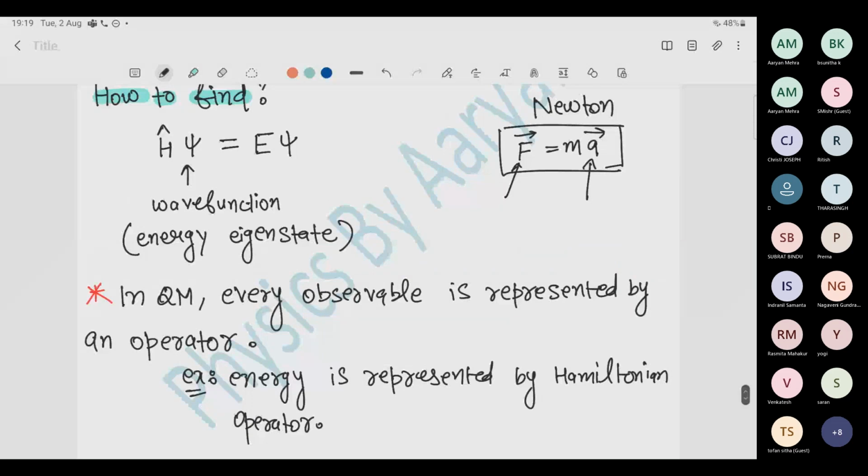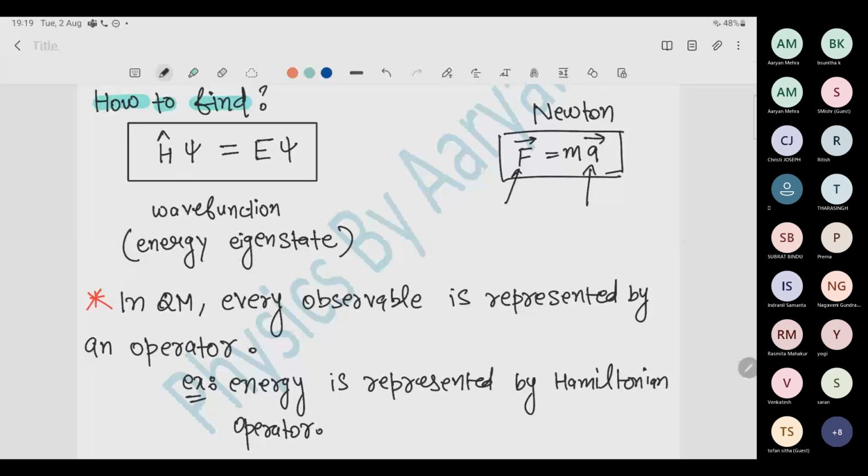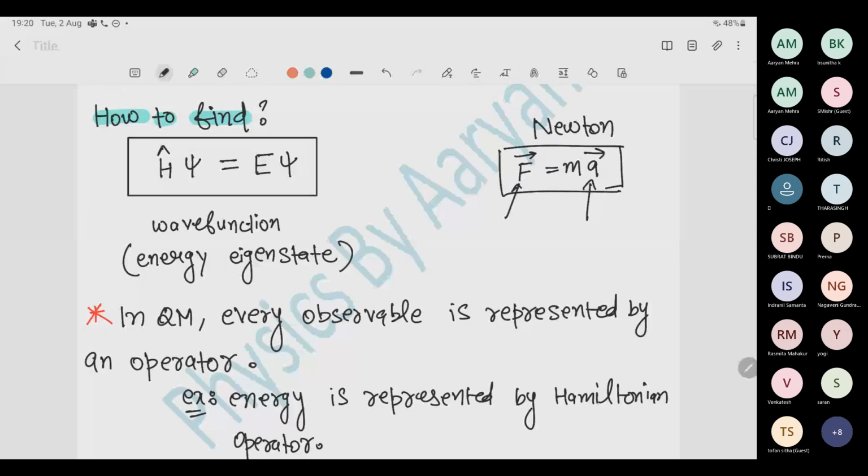So now let's see what this equation means. This equation means if you apply the operator H-hat, which is actually an energy operator, to our state, it will give you the value of energy and this state back.